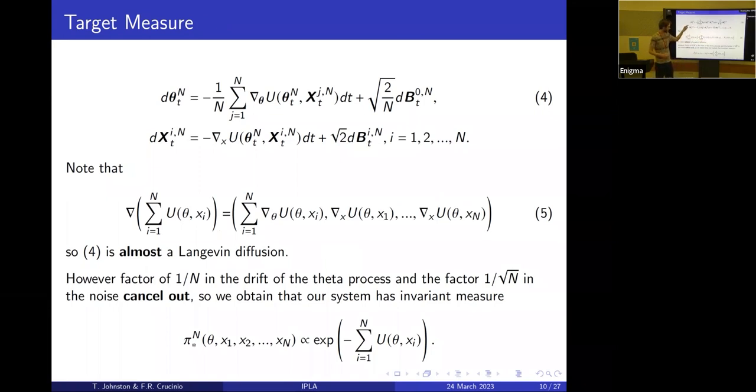We have this sum of all the theta gradients, because if we take the theta gradient of the sum, then we get each of these terms. And when we take each gradient with respect to xi, we just get the xi term in the sum.